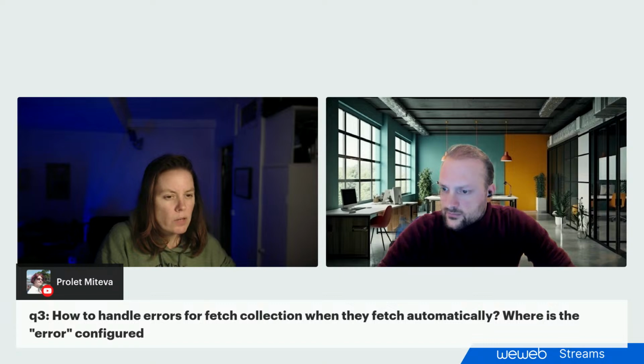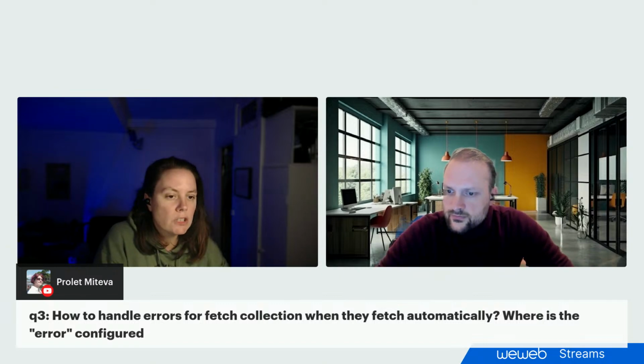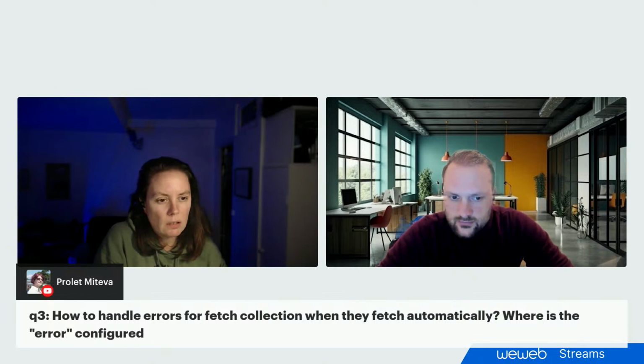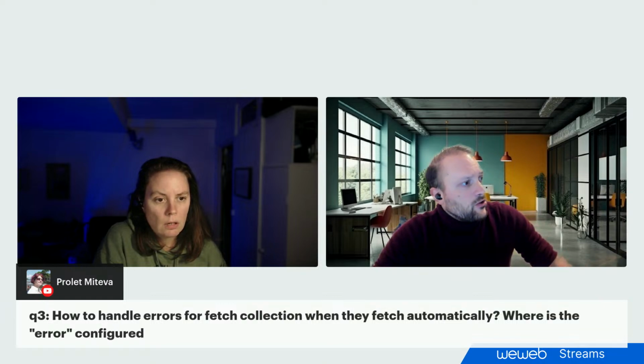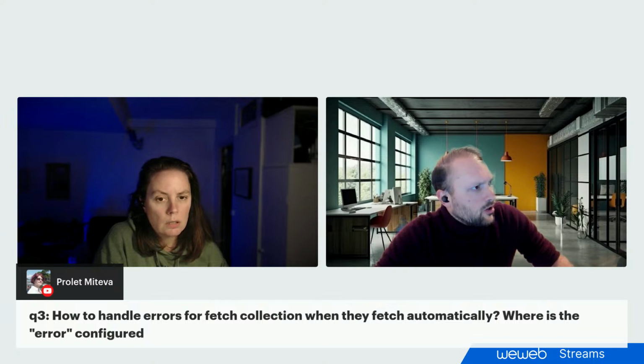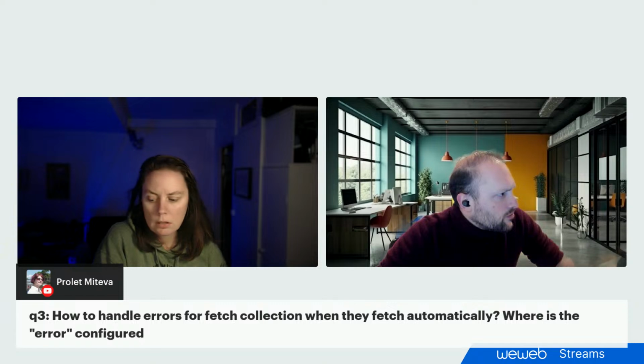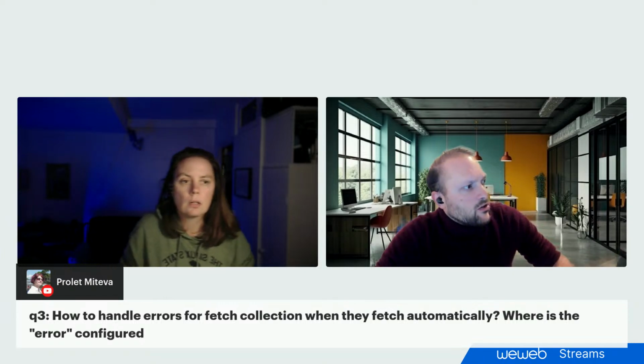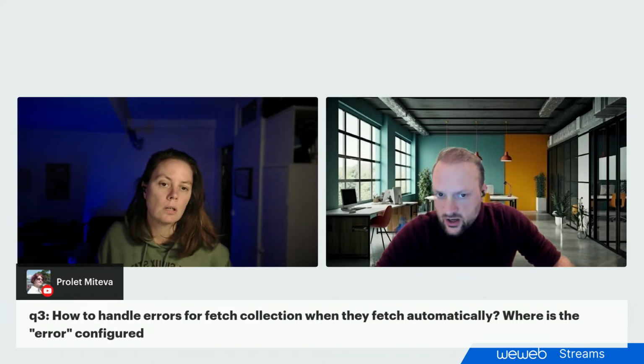And the third question was how to handle errors for fetch collection when they fetch automatically. Where's the error configured? Oh, you do have a global trigger for this. Let me give you the proper name. If you go to an app or page workflow, yeah, it's called on collection fetch error.